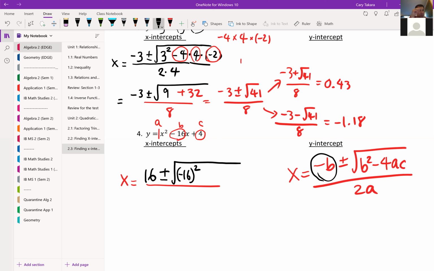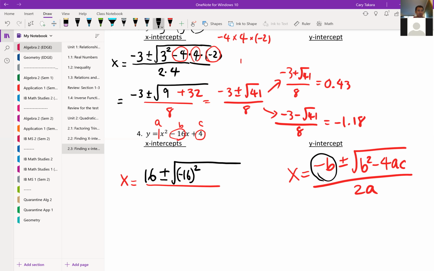Please put parentheses around negative 16. Otherwise, you will not get the right answer, because if you don't have the parentheses, the calculator will just give you a negative value.